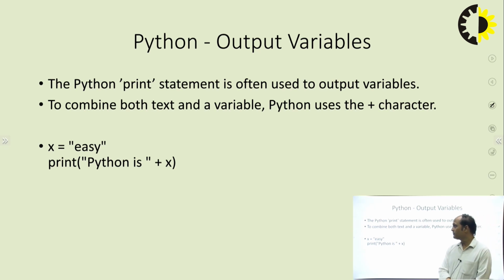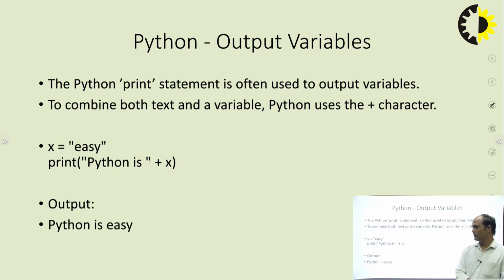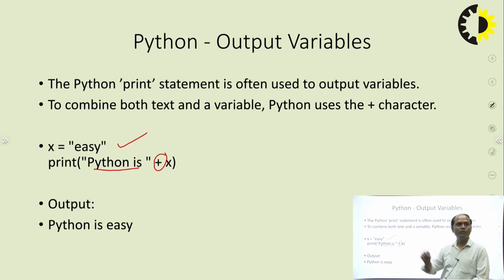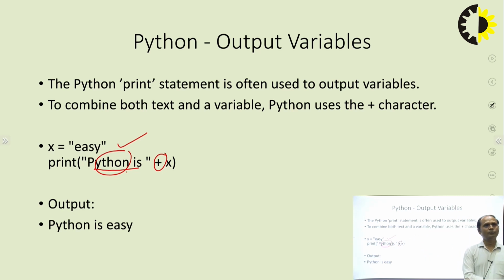What is the output of this line? The output is "Python is easy", because we can add the variable x and this text. We use the plus sign to combine text and variable in the output. x is a variable and "Python is " is text, and both are combined in the output.